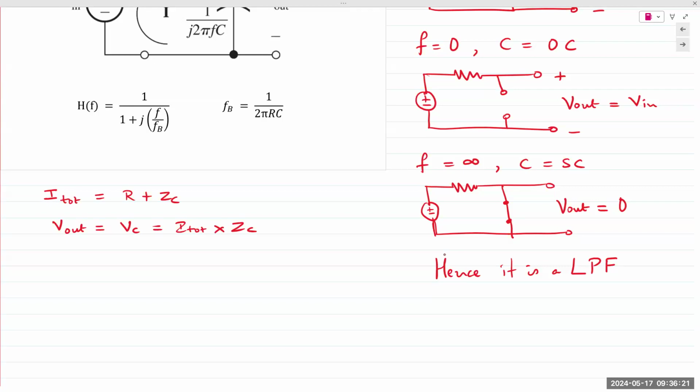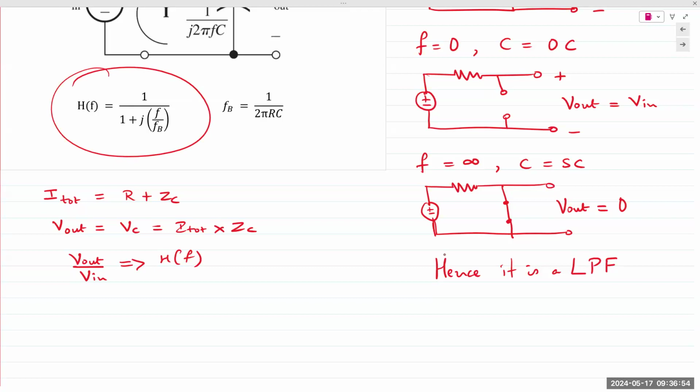So when you perform these calculations and you rearrange the output terms to give you V out over V in, which is nothing but the transfer function, you obtain this equation. H of F is 1 over 1 plus J F over FB, where J, of course, is the imaginary number.